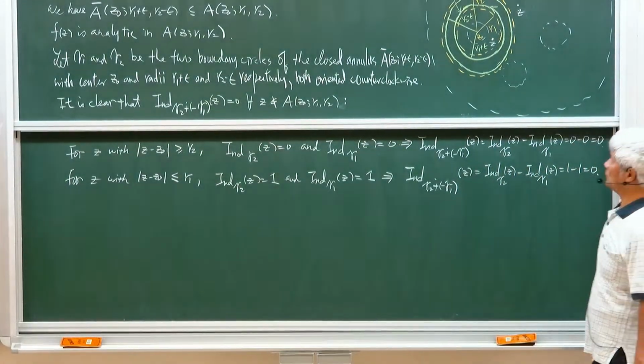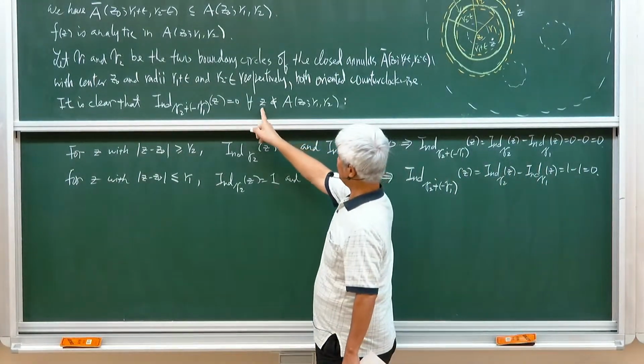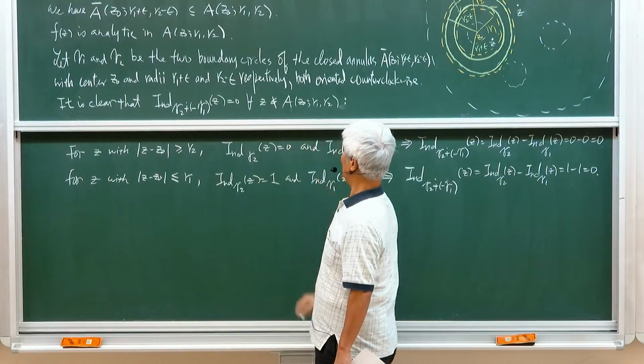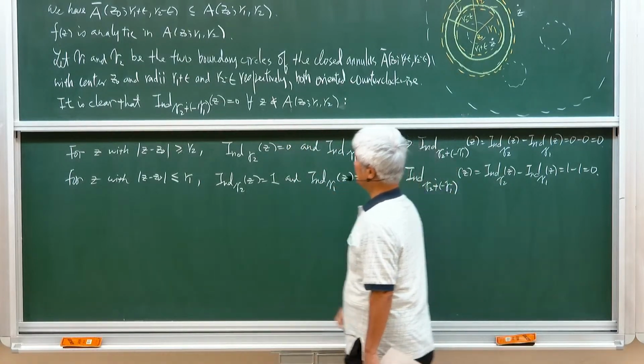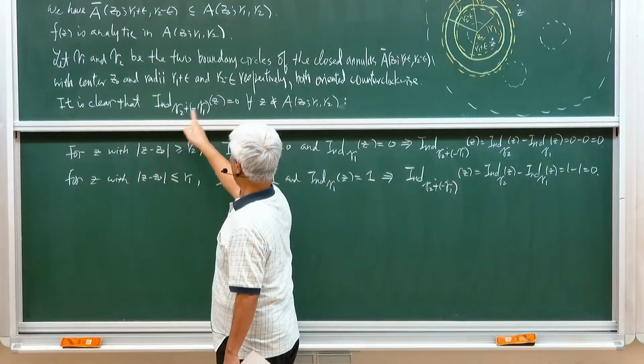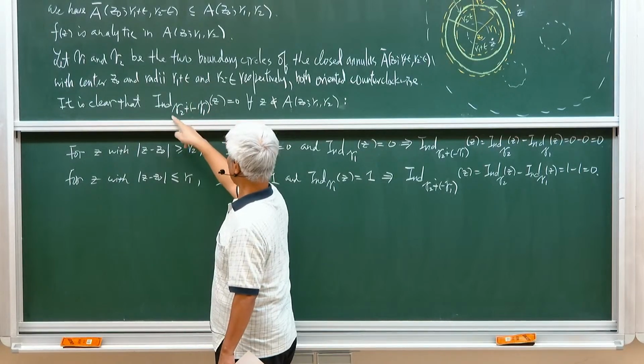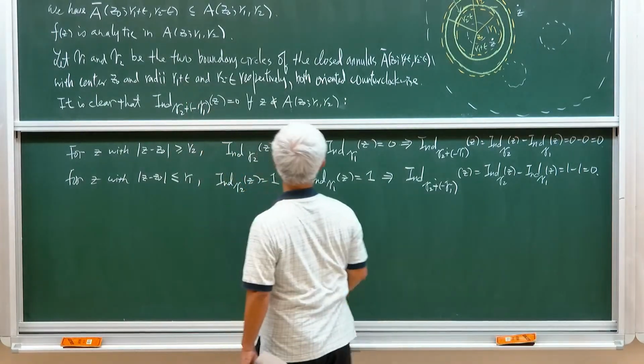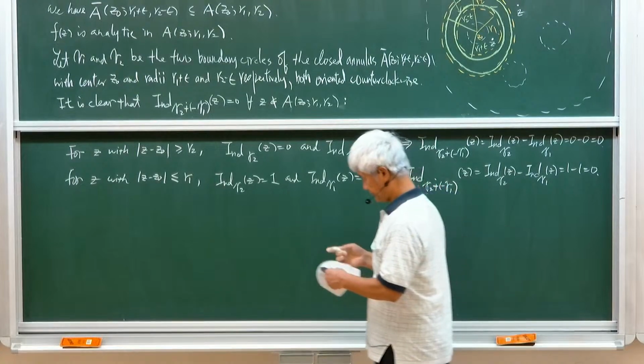So this shows that whenever z is not in this yellow open annulus, then the index of z with respect to this cycle is equal to 0.